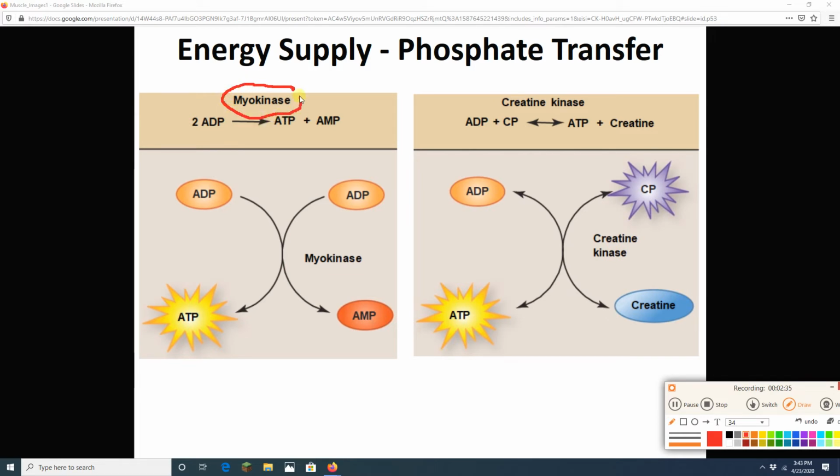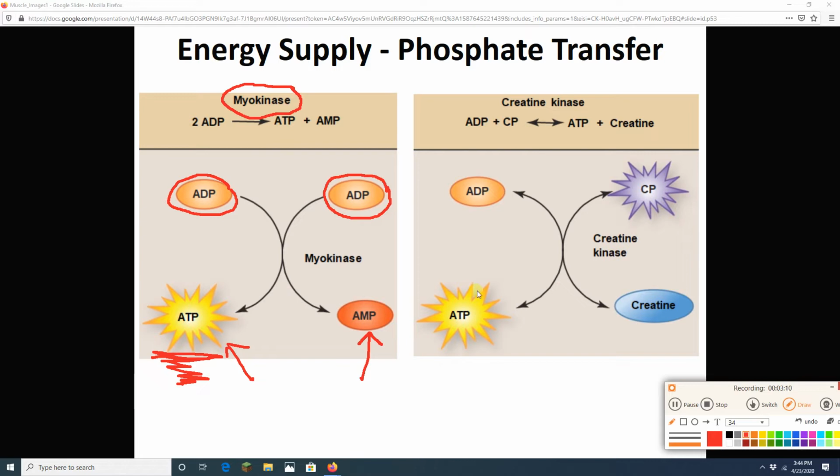Myokinase is going to catalyze a reaction where you take a single molecule of ADP and you rip a phosphate off of it and you add that phosphate to another ADP, which then makes you a molecule of ATP. And then you also end up with a molecule of AMP, which is adenosine monophosphate. So this is a quick way to generate new molecules of ATP.